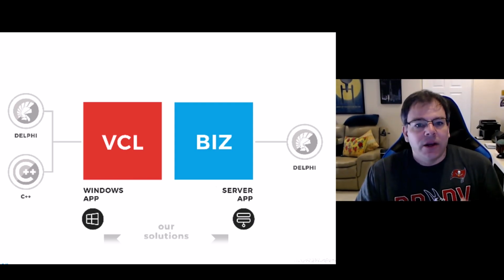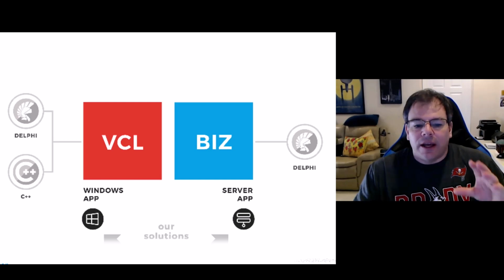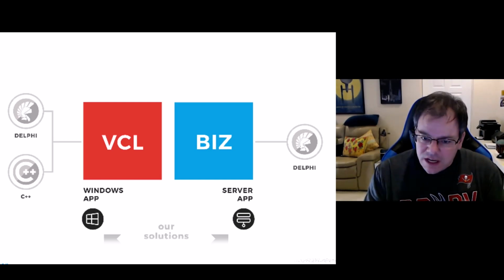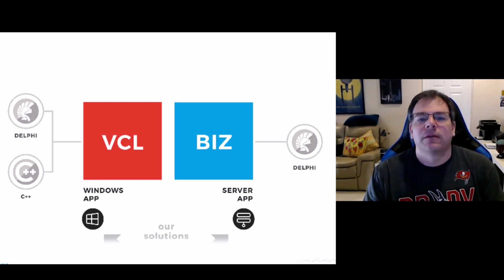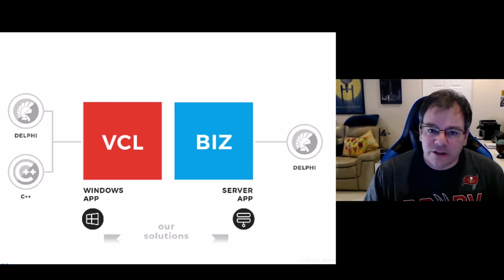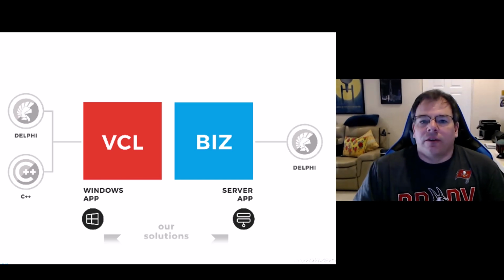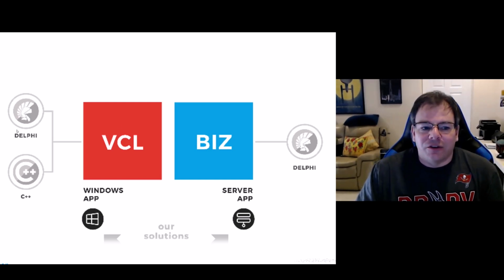As you can see, the Windows application implies VCL because the VCL is the #1 framework, in my opinion, allegedly, whatever legalese I need to say here. For me, it's the #1 framework to build desktop applications. And the VCL you can use either with Delphi or with C++.